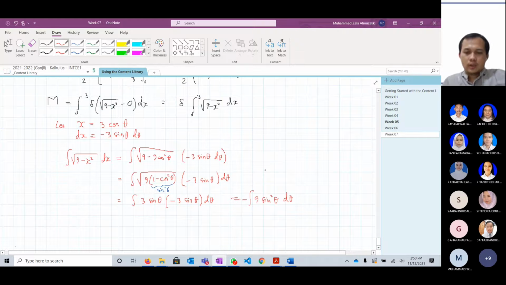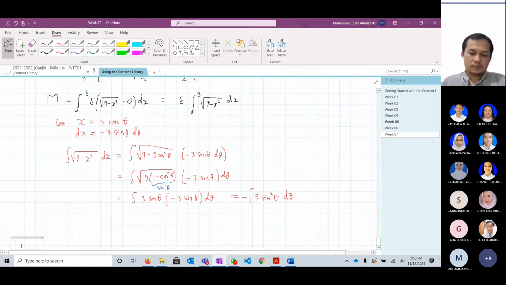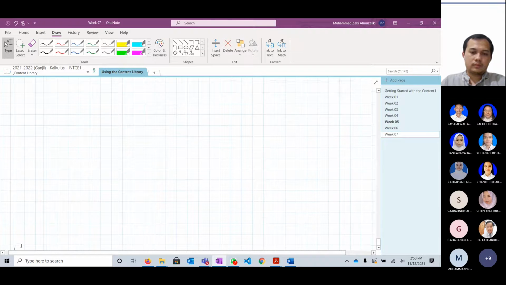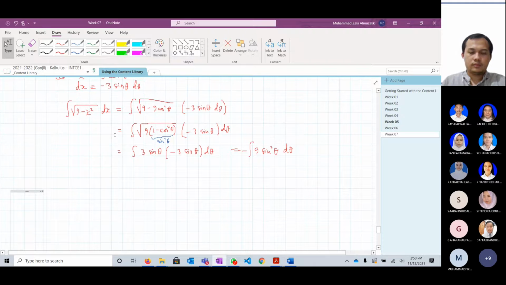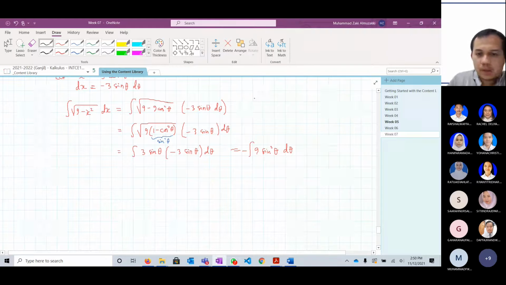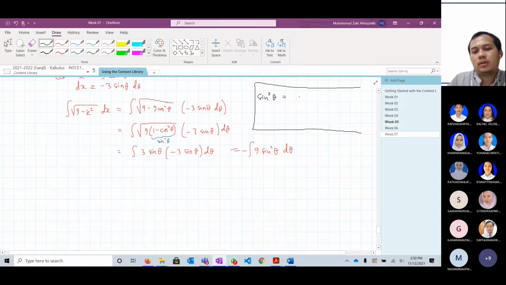Which is minus the integral of 9 sine squared theta d theta. Then we use the fact that cosine of 2 theta is equal to cosine squared theta minus sine squared theta, which is 1 minus 2 sine squared theta.